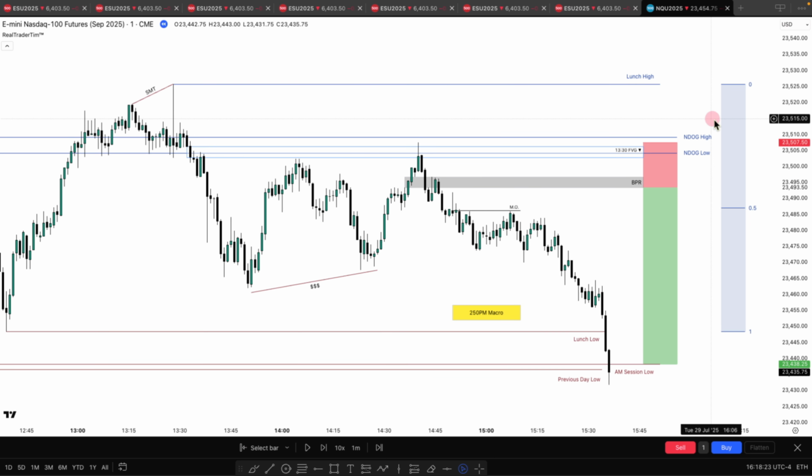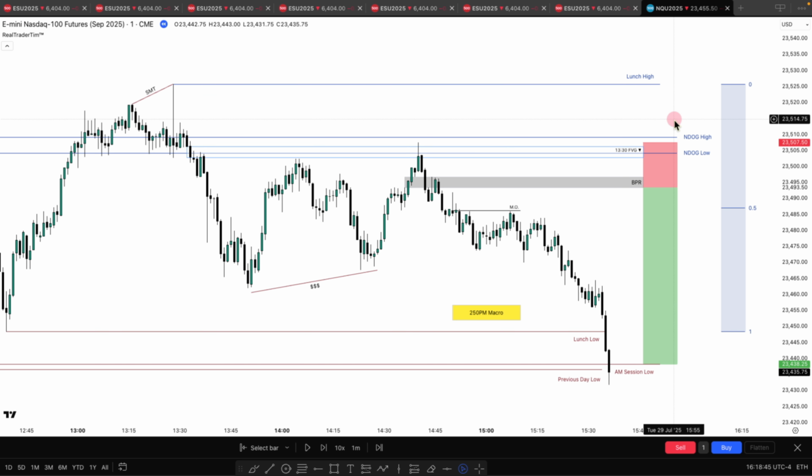And especially, where are these two significant inefficiencies residing within? Premium, look at my cursor here, premium of the lunch range. So this dealing range is anchored to lunch high and lunch low, okay? So see how we're going up, delivering to a premium, but more precisely, key inefficiencies, okay?